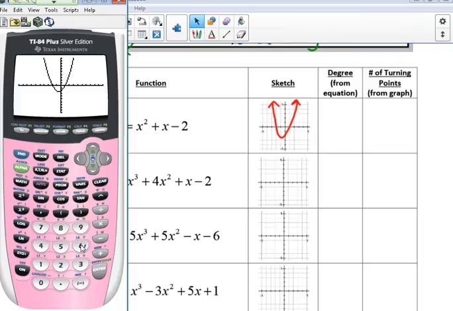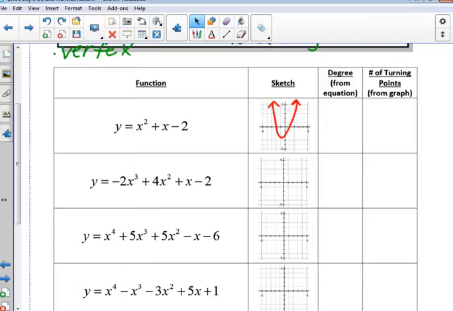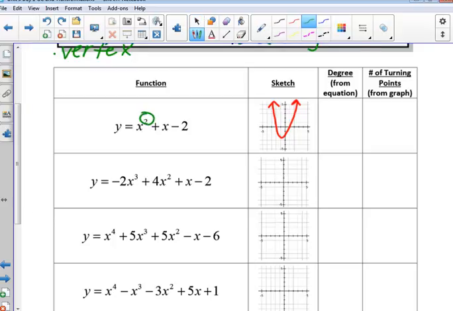Now, when we talk about the degree of an equation, see how the next column says degree from equation? It's quadratic. So I'm looking for the highest exponent. When they say degree, I'm looking for the highest exponent.